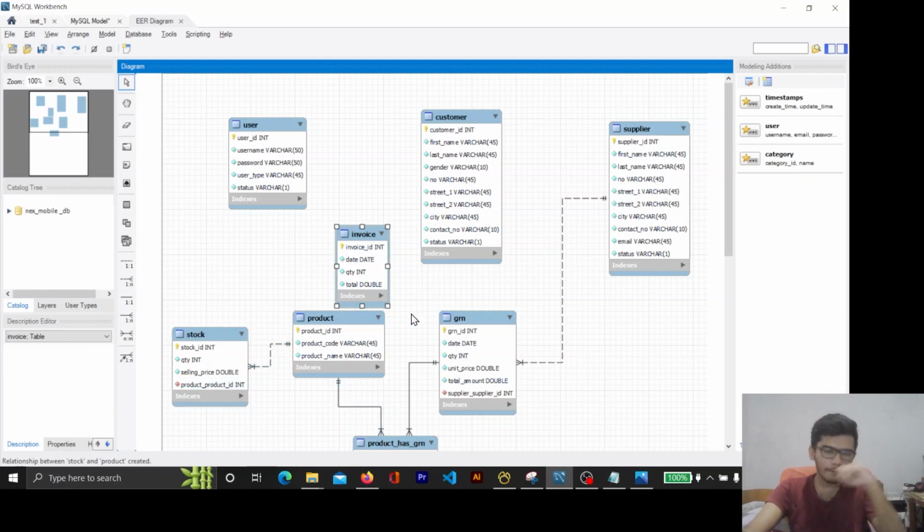So let's group all of these three tables and explain what is going on here. One user can have up to many invoices as he would like. One user can purchase from the same store multiple times.